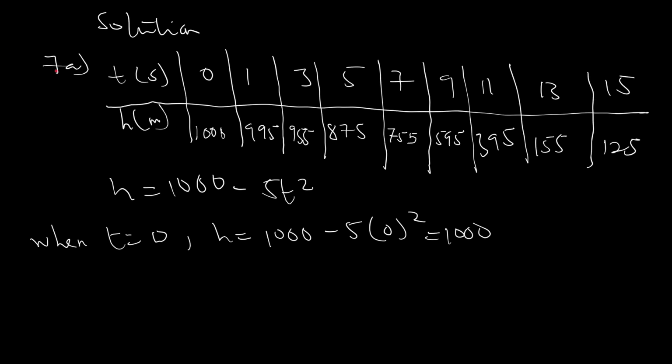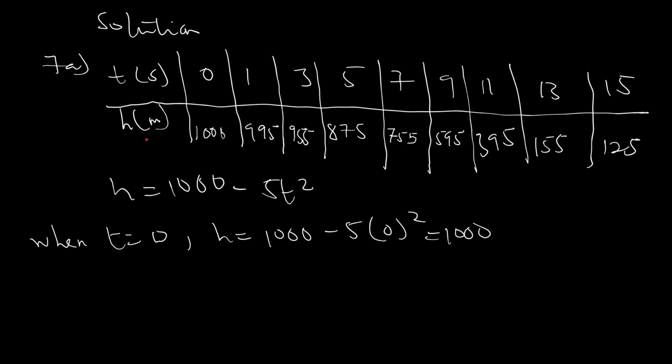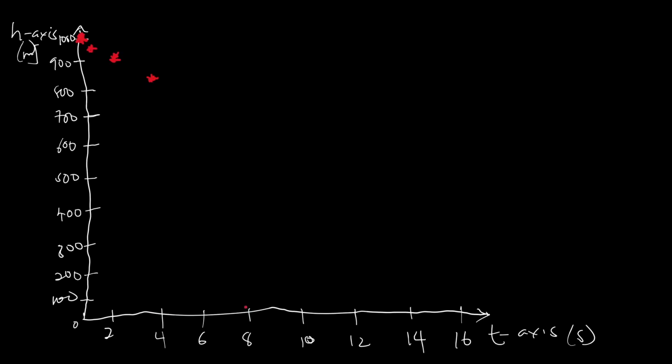When t is 5, our h is 875, so 5 will be here. When t is 7, our h is 755, so 700 will be somewhere here.